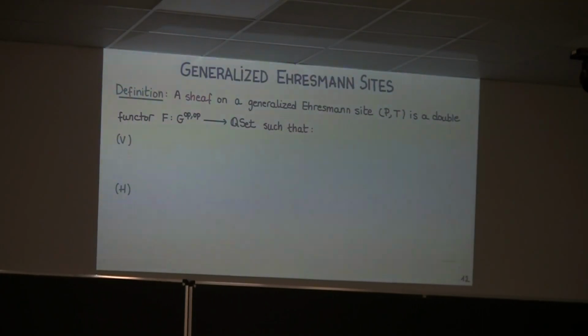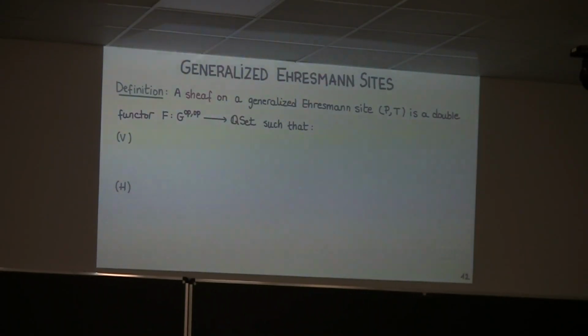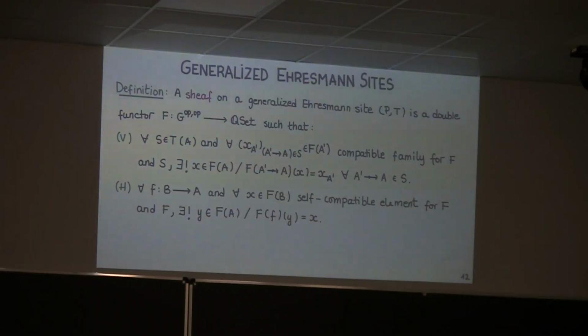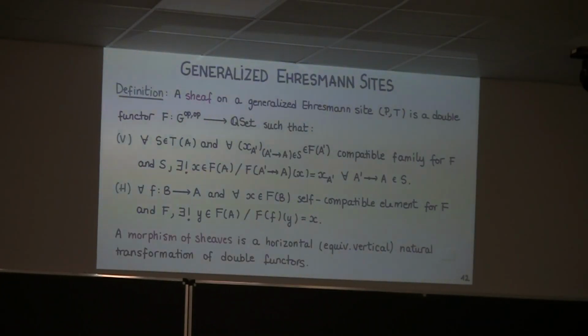And with that we can define sheaves in the very same way. So first unique gluing for vertical arrows, vertical families, and then unique gluing for horizontal arrows. And the morphisms, again, the same as before.